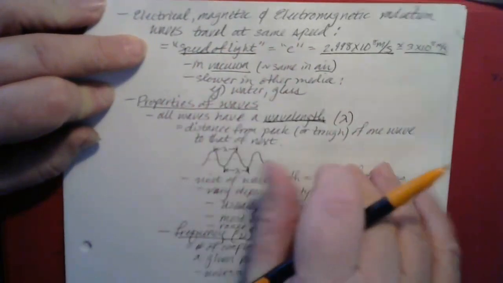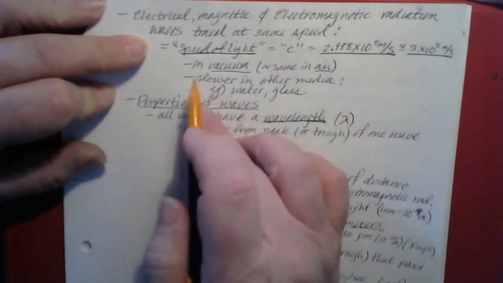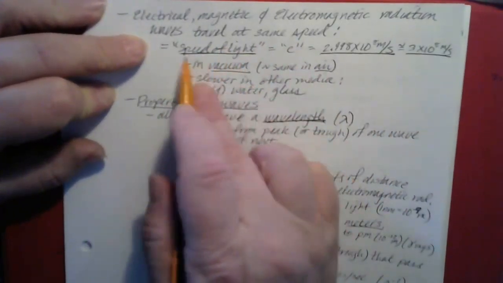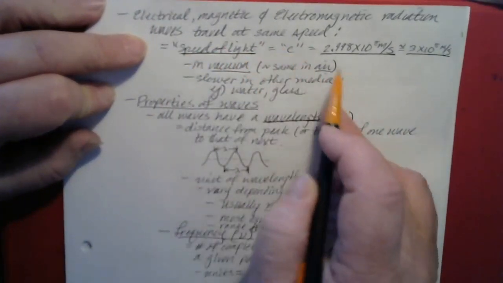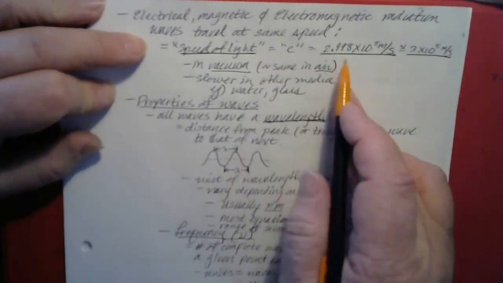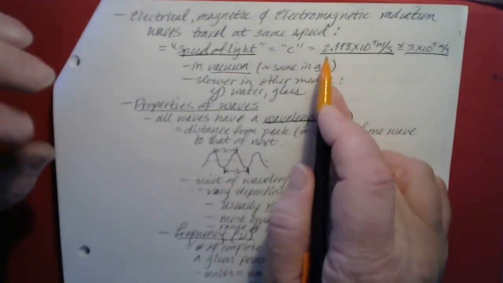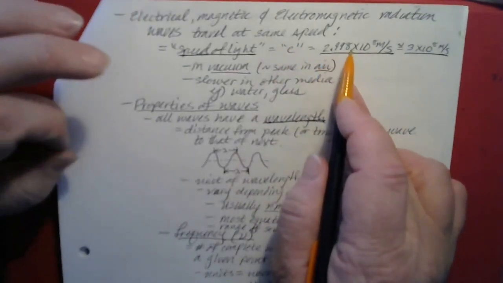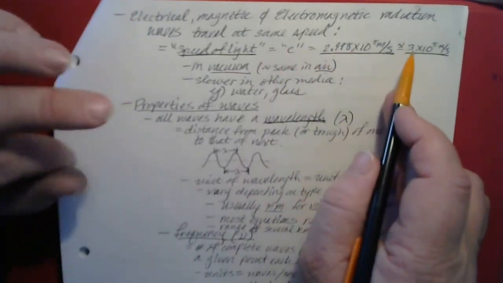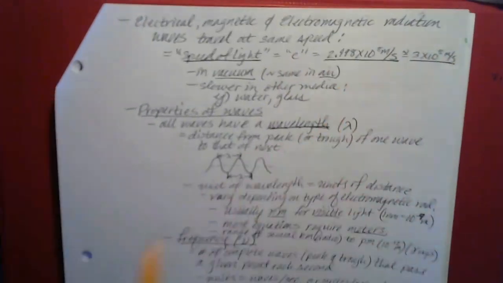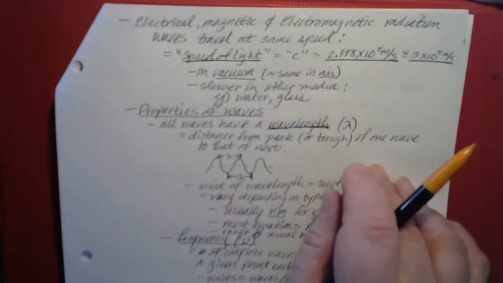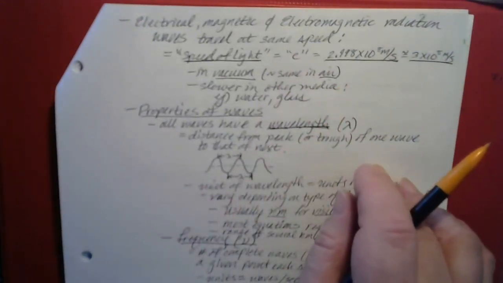This is colloquially known as the speed of light, or c as an abbreviation, lowercase c. That number is 2.998, which we often just round off to 3 times 10 to the 8th meters per second. That's really, really fast, much faster than the speed of sound, for instance.